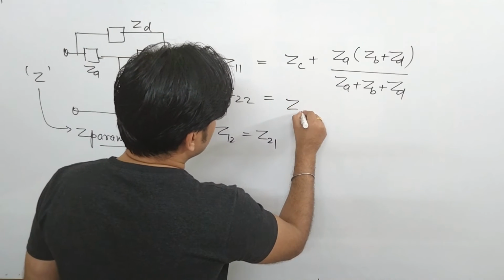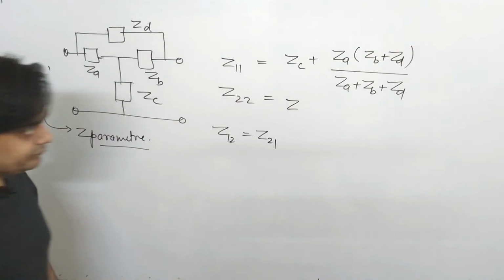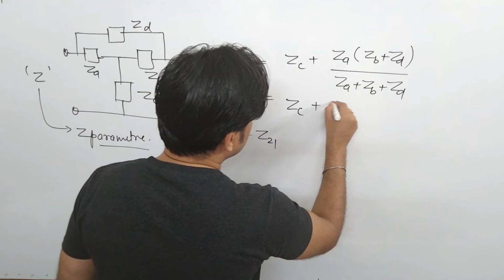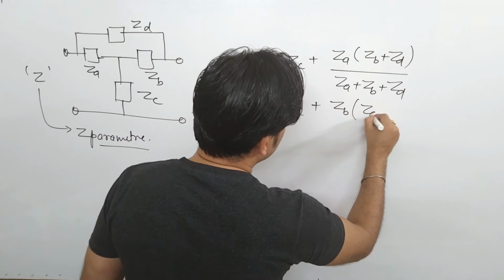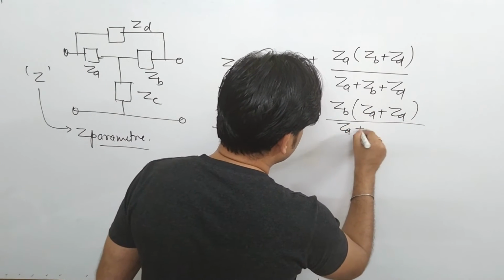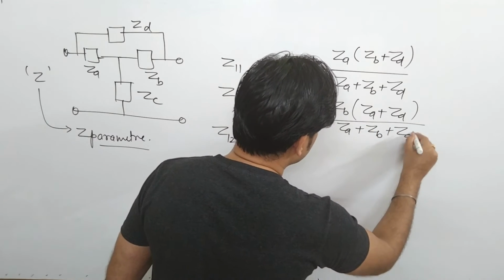Similarly, Z22 comes to be ZC plus ZB into (ZA plus ZD), divided by the sum ZA, ZB and ZD.